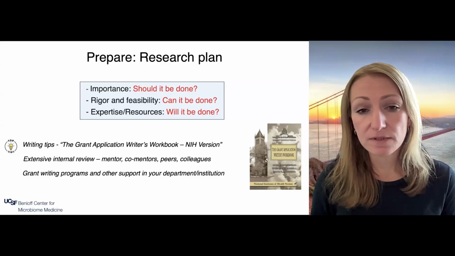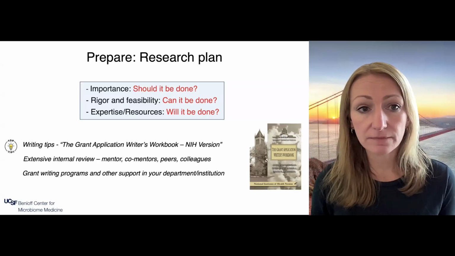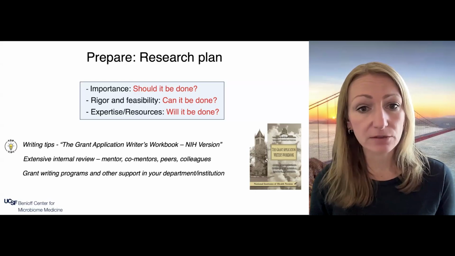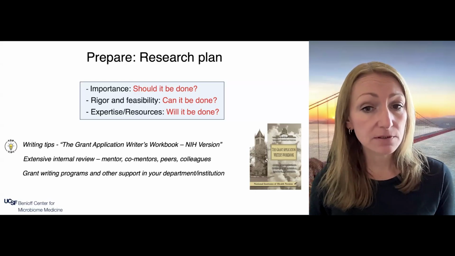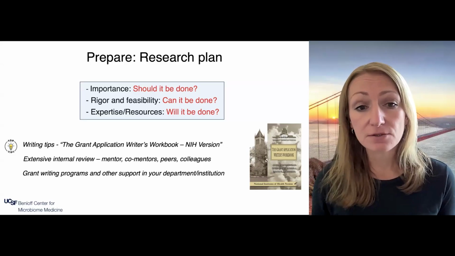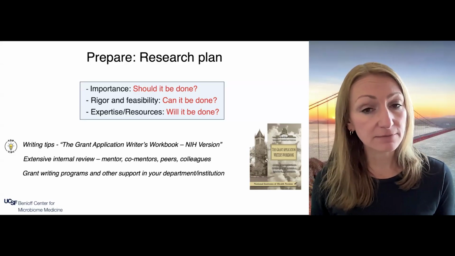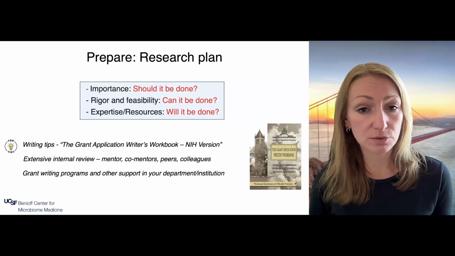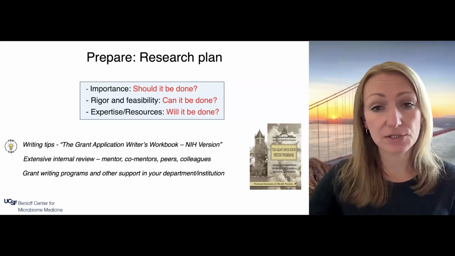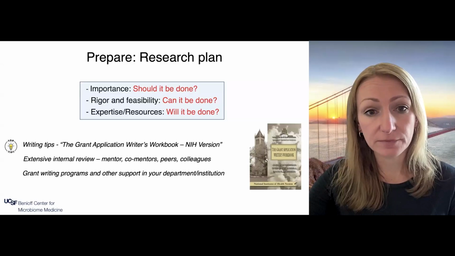And use previous examples and build an extensive internal review panel of mentors, commenters, peers and colleagues, preferably also people that are not tightly associated with your research, who can give you a different perspective, as our review will do on your application, and will help you build a stronger proposal.